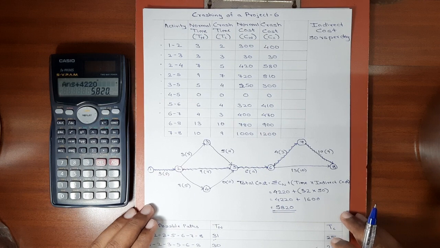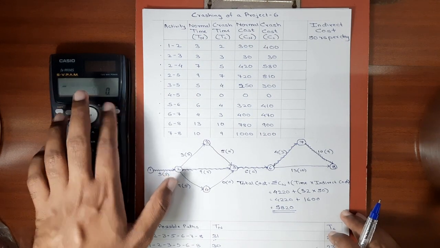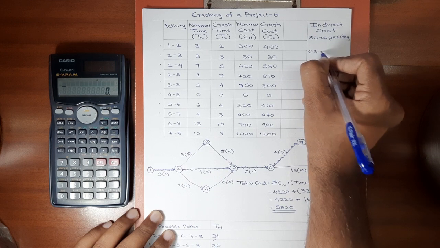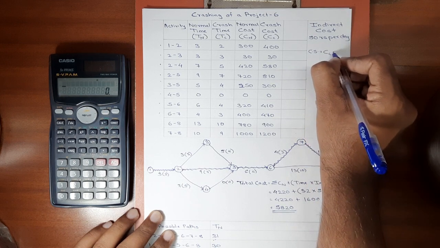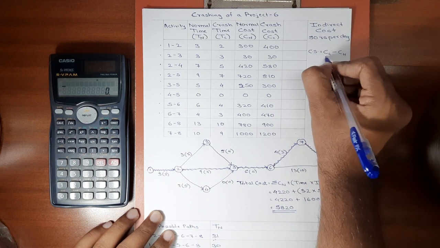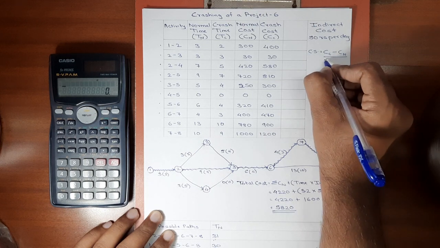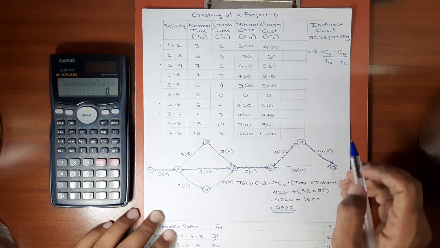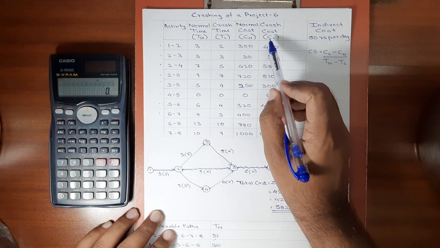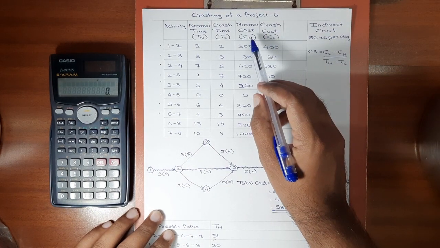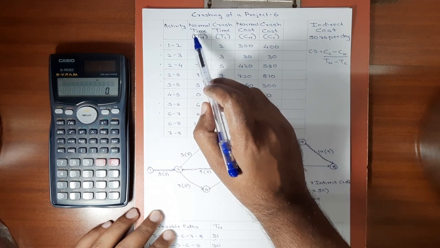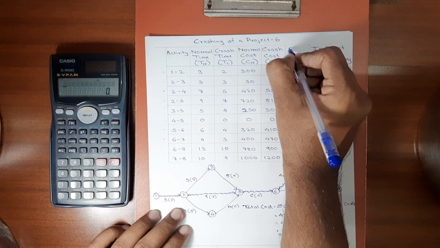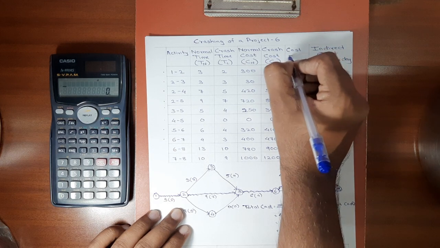The cost slope is calculated by using the formula cost slope is equal to crash cost minus normal cost divided by normal time minus crash time. Okay, so now here we'll be writing down the cost slope of each activity.